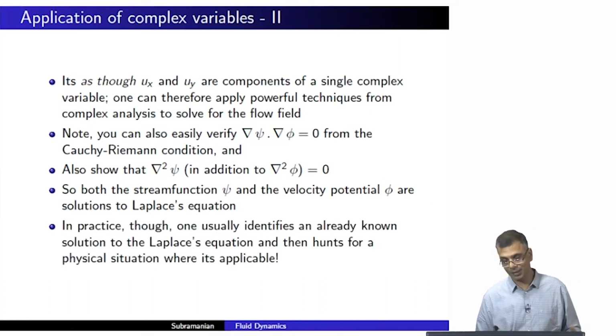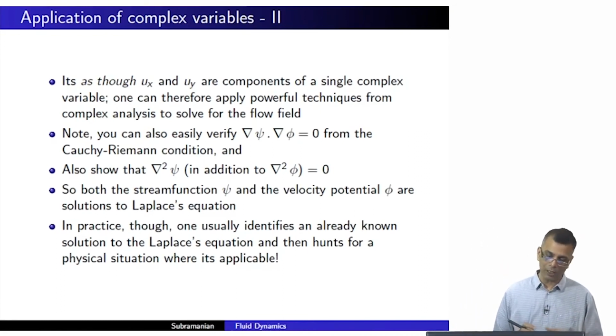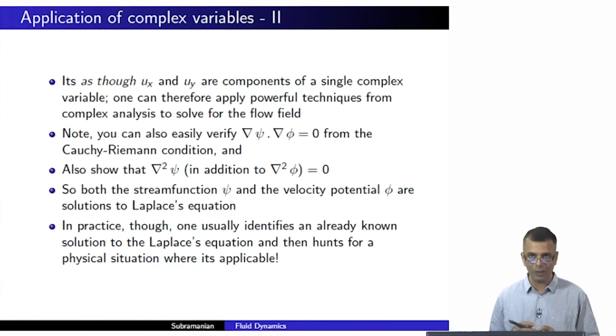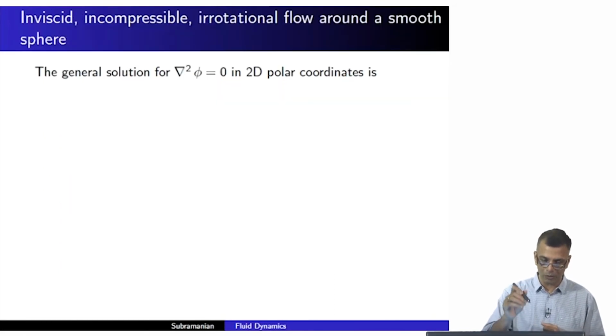In practice, and this is the trick, one usually identifies an already known solution to the Laplace equation and then hunts for a physical situation where it's applicable. Turns out that there are very many physically interesting situations where such solutions are applicable, it's not simply playing games with mathematics. Let's look at one or two of them.